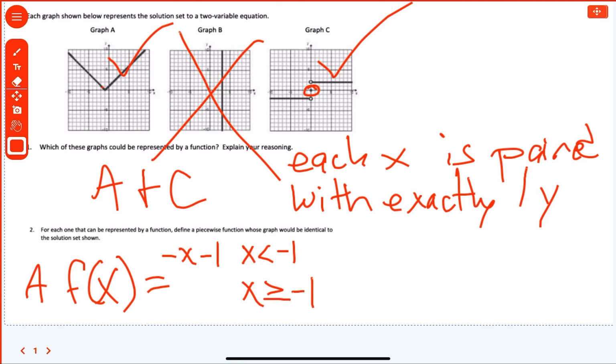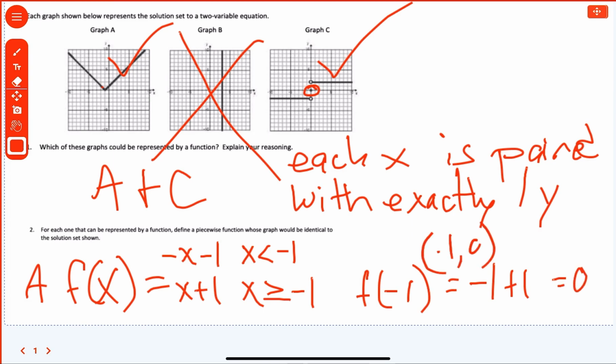So counting negative 1 and everything to the right of it for our x's, what is it? Well, that's simple. It is just x plus 1. What's negative 1 plus 1? f of negative 1 is negative 1 plus 1, so that is 0. So that would be negative 1, 0. And there it is, right there on the dot.